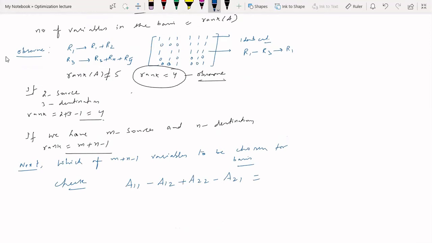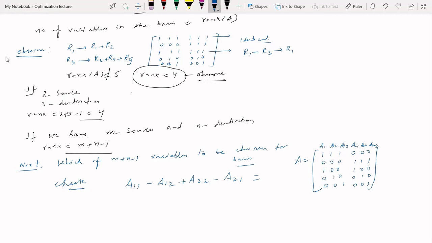So again, if I draw my A matrix here, just for reference, this is my A matrix in the case of the transportation problem. These are my columns A21, A22 and A23.